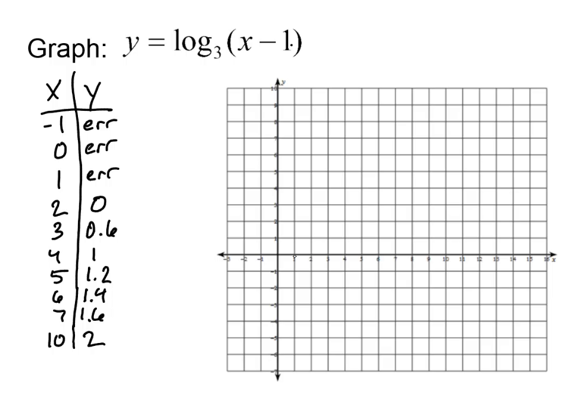So let's graph these points. (2, 0), (3, 0.6), (4, 1), (5, 1.2), (6, 1.4), (7, 1.6), and 10 outputs 2.